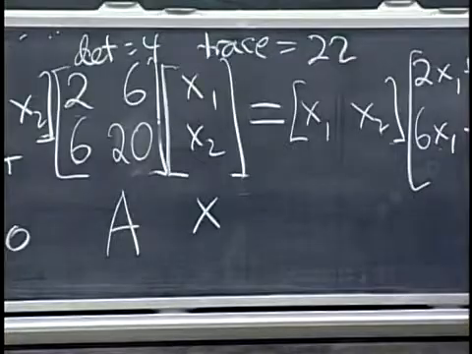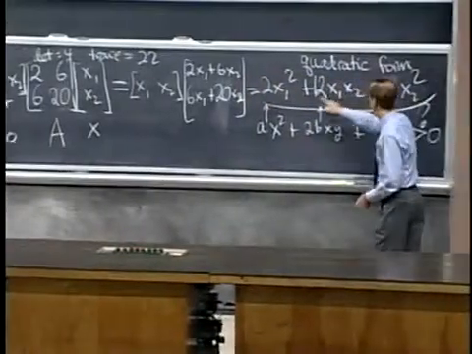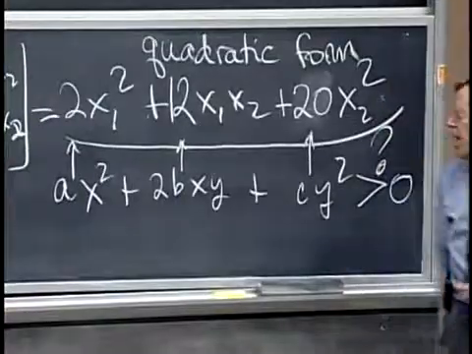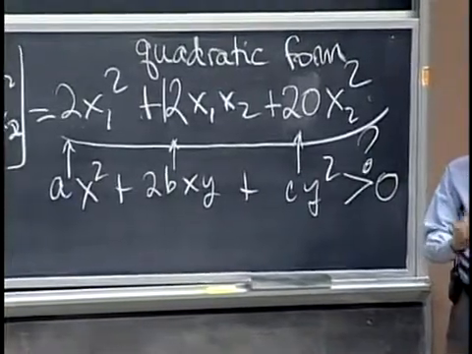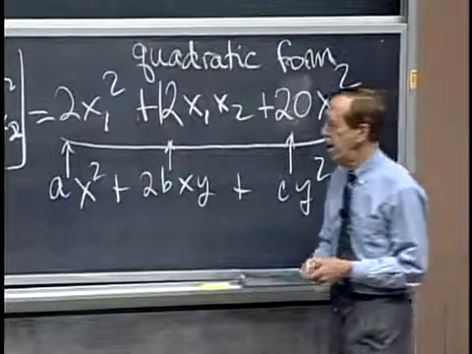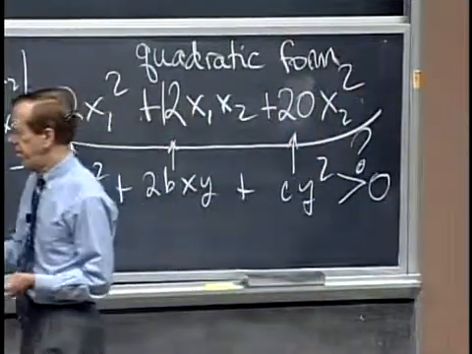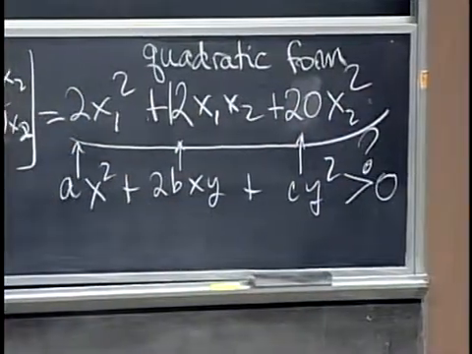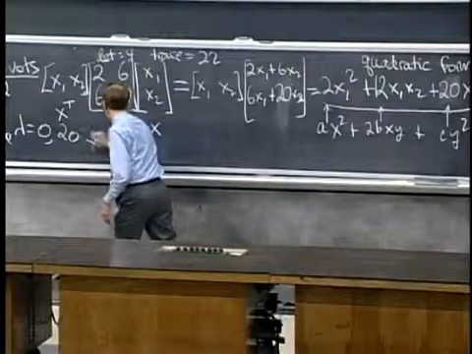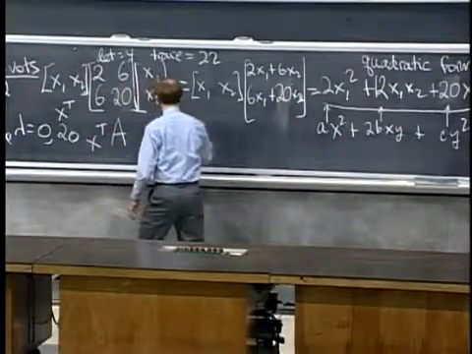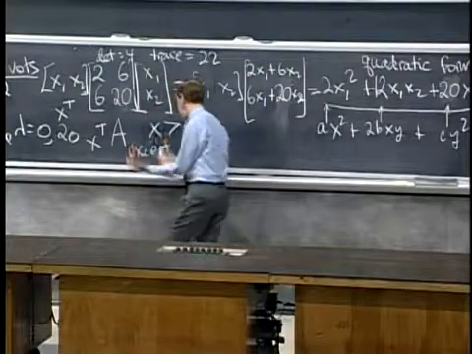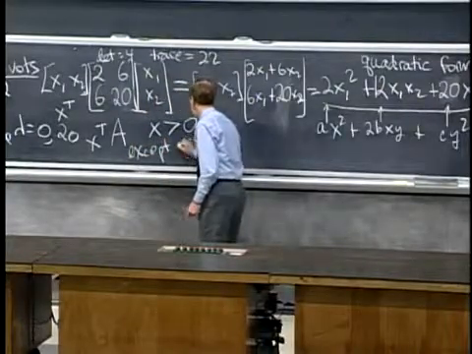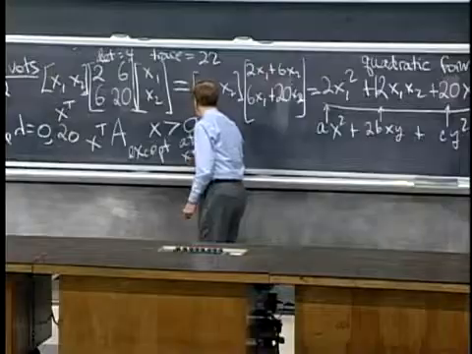And I believe that this function is positive everywhere except at 0, 0, of course. So I believe that x transpose Ax is positive except, of course, at the minimum point at the 0 vector.